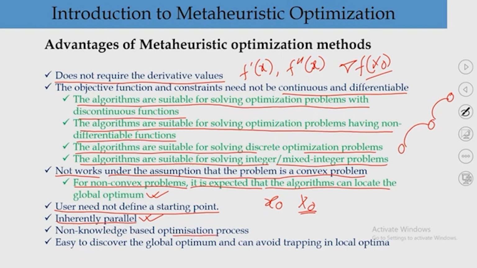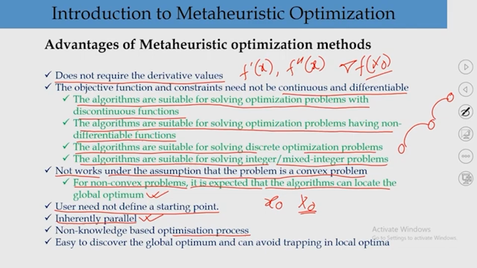Non-knowledge based optimization. Without knowing the nature of the function, you can apply this algorithm. In the case of classical methods, you should know what problem you are trying to solve, otherwise you may not get the optimal solution. But in this case, I do not need knowledge of the problem.